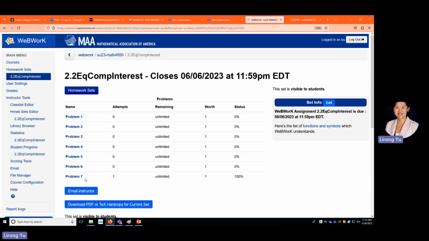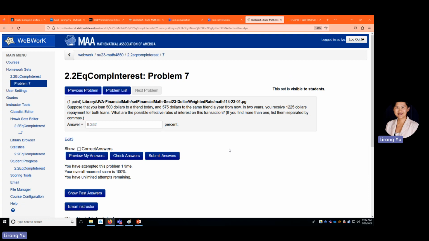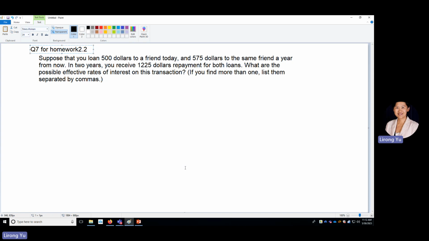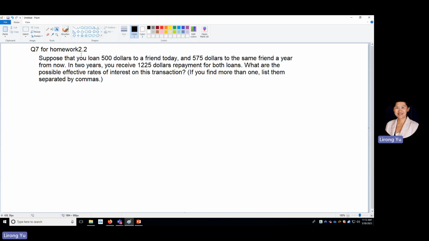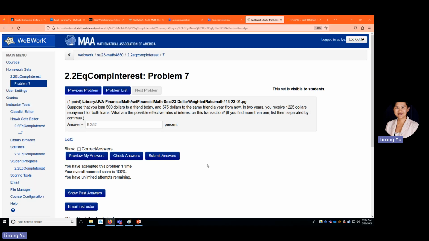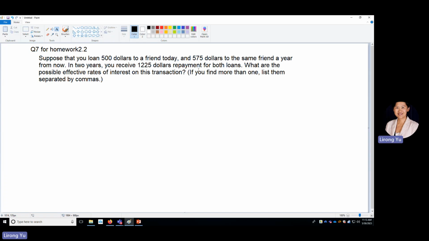The last example, question 7, is an example that has two cash flows. I copied it over here. It is homework 2.2, question 7, and that's this one. So you can try to identify information from the question.